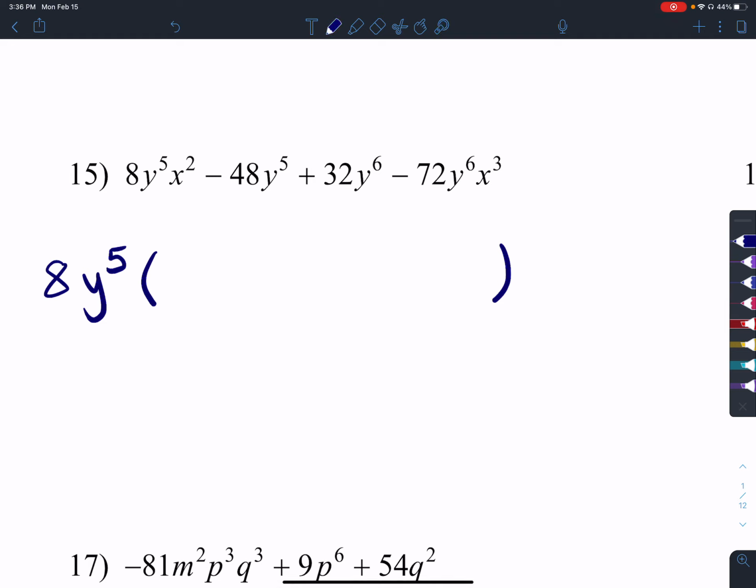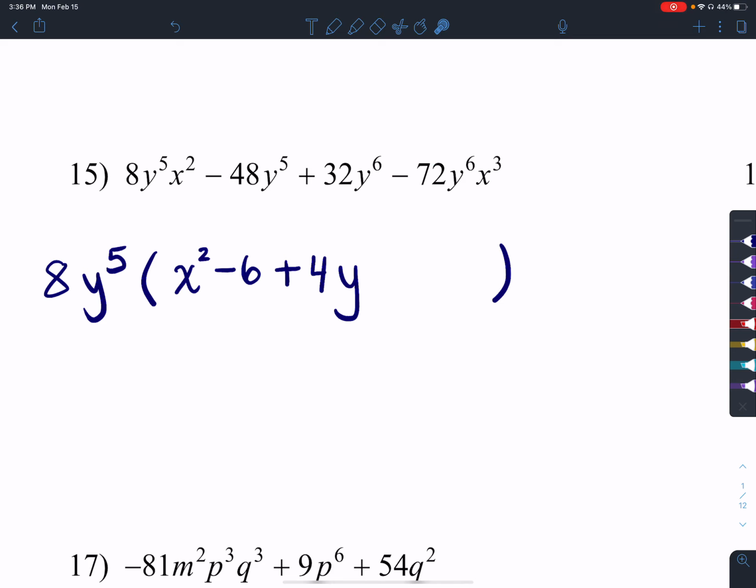Okay, and now that first term, the 8's cancel, the y's cancel, we're left with x squared. Negative 48 divided by 8, we're left with negative 6. y to the 5 divided by y to the 5, they both go away. 32 divided by 8, 4. y to the 6 divided by y to the 5, just y.